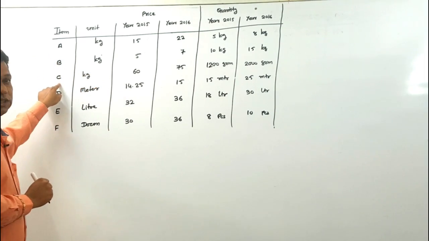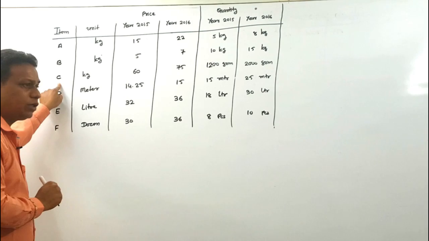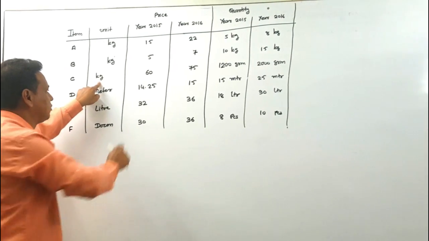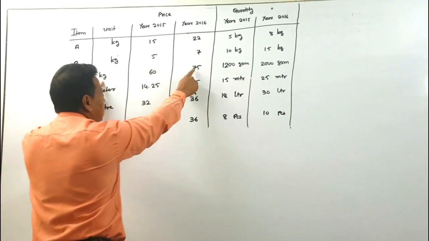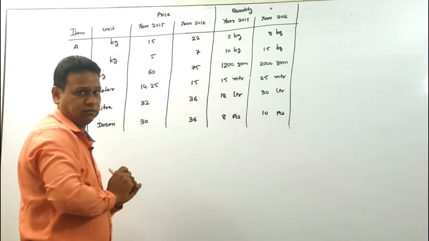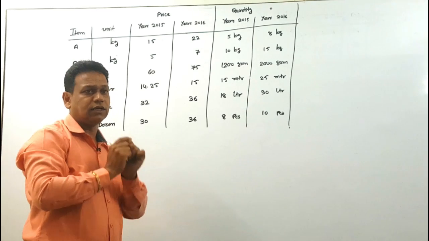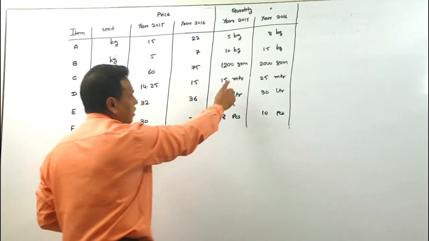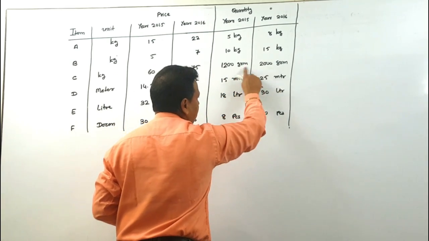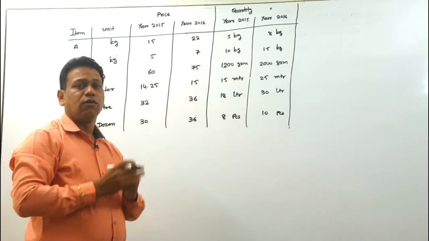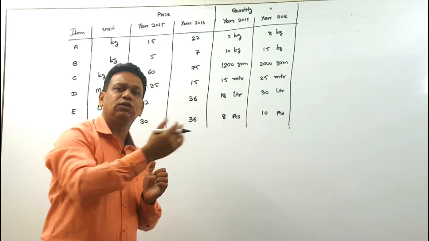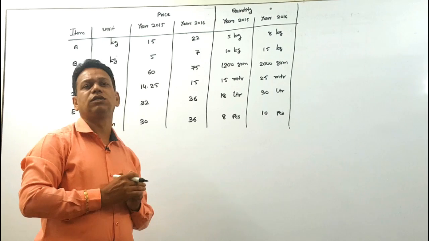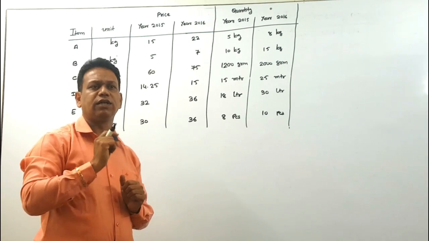Now for item C. It's good news, they have given only kilogram, which means the prices are available in kilogram: 60 rupees per kilogram and 75 rupees per kilogram. But we need the same measure of unit in quantity also, and they are using gram here. So we have to convert grams into kilograms. All we know is that 1000 gram is equal to 1 kg.